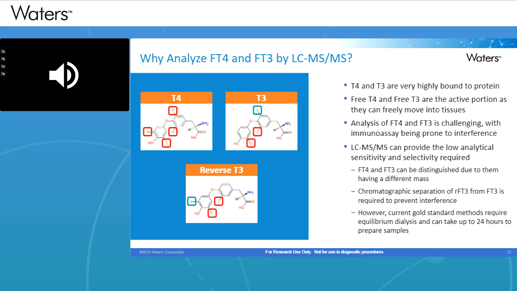Around 99.95% of T4 is actually bound to protein, and approximately 99.7% of T3 is bound, meaning that the circulating free T4 and free T3 concentration levels are very low within the body.